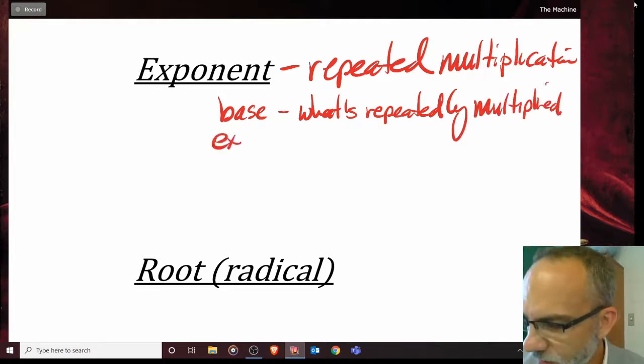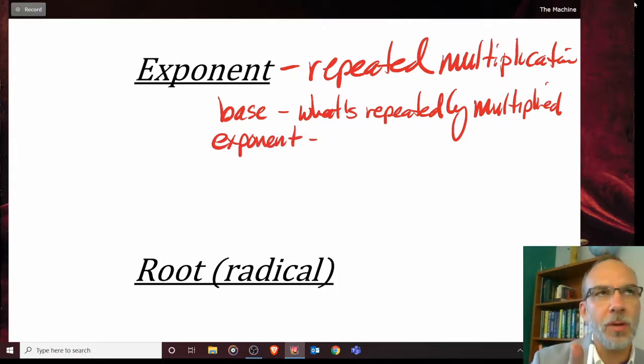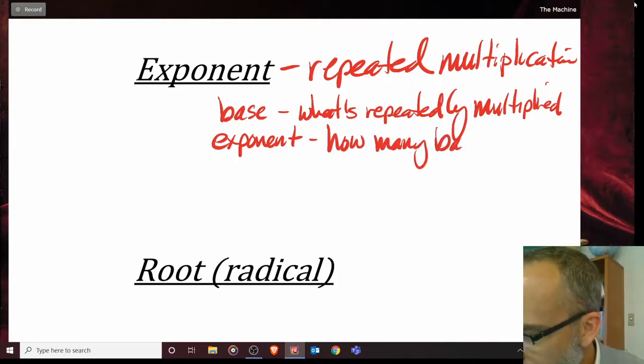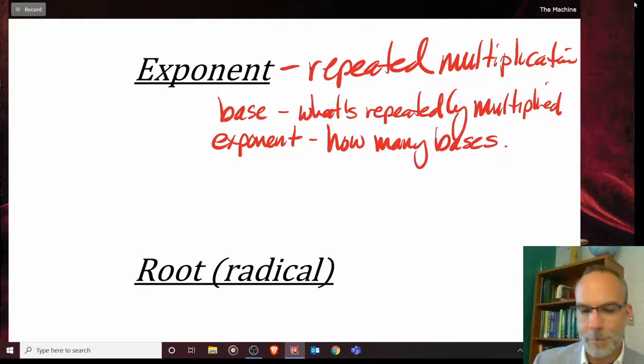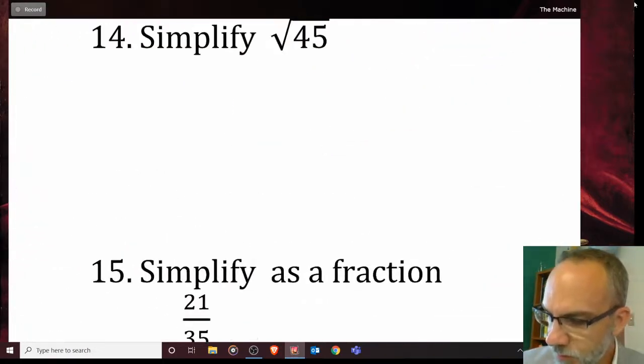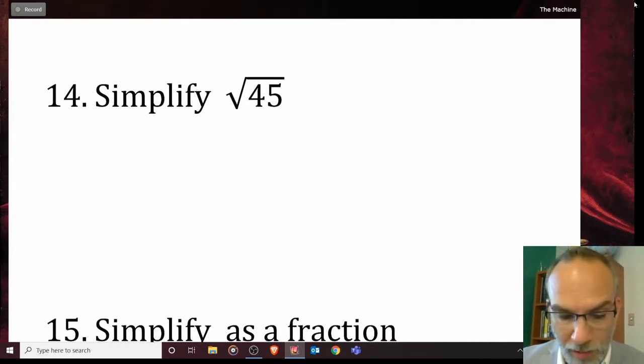The exponent tells you not how many times you multiply. The exponent tells you how many bases. That's a subtle distinction. And we'll talk about that maybe a little bit later. Okay, keep it going. Oh no, a radical.